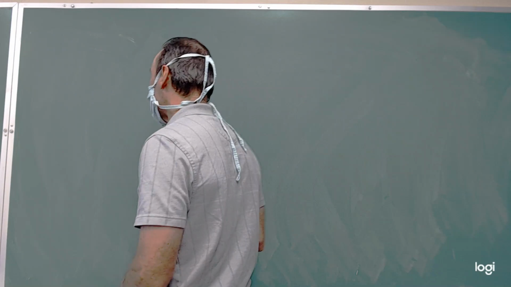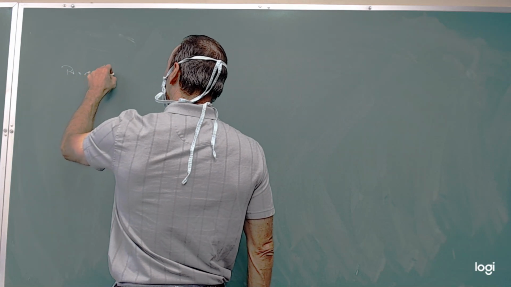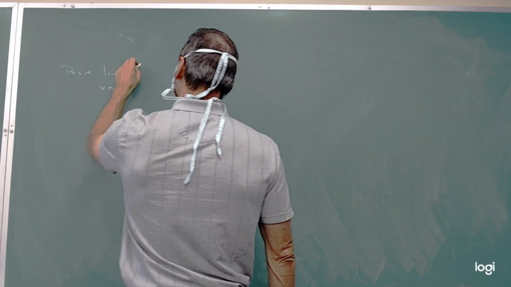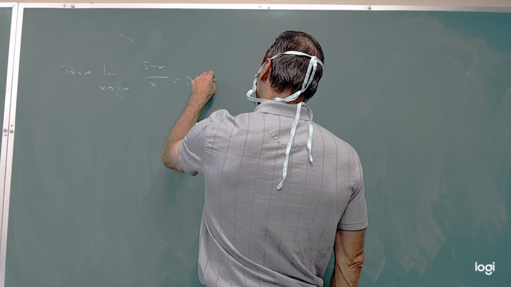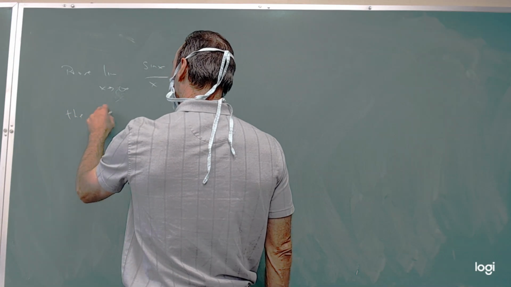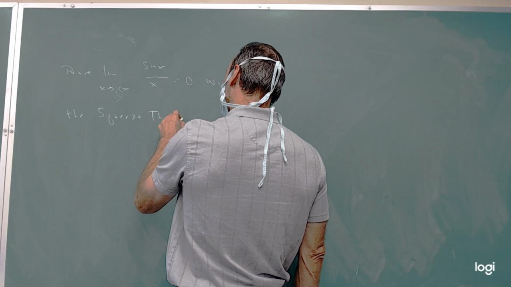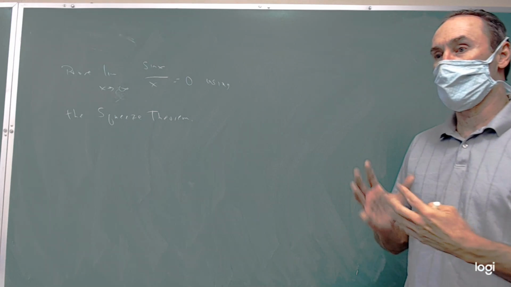So if we were going to say, prove the limit as x goes to infinity of sine x over x is 0 using the squeeze theorem. Now this is a pretty entry-level question, but you get the idea.